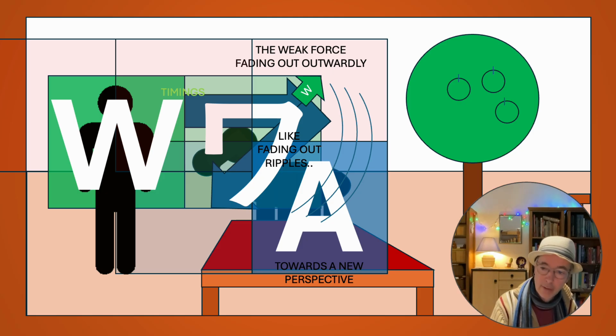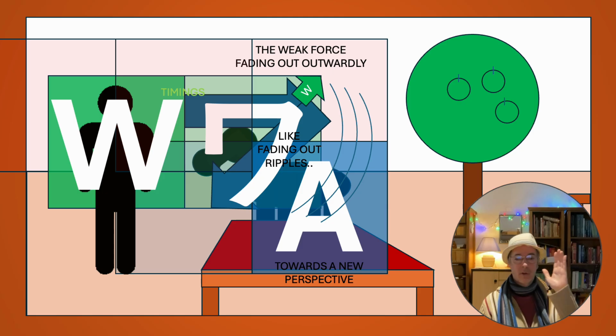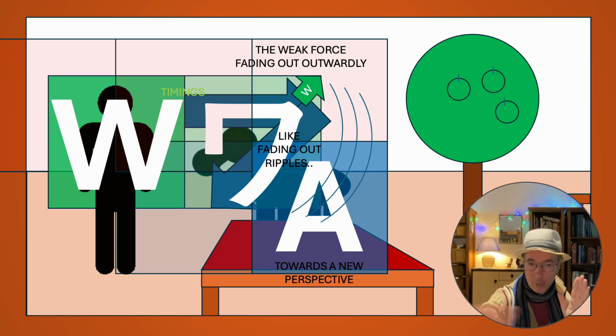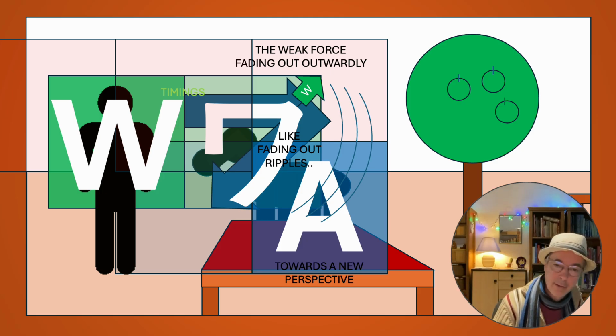Not like the blowing wind, but like the after wind, the waves which are still lingering on. That's the Wa. You can understand the Wa. So you can understand the Japanese as well. You have a halt, a forwardness, and a fading out. That's how you can remember it easily.